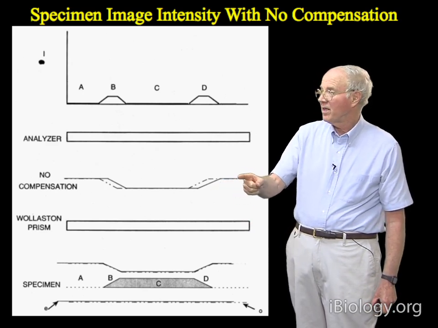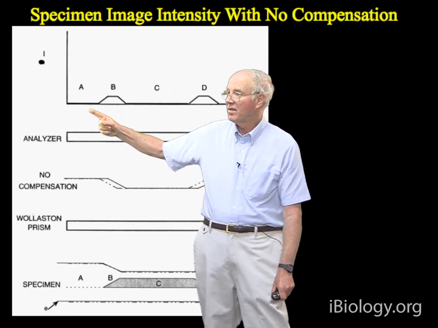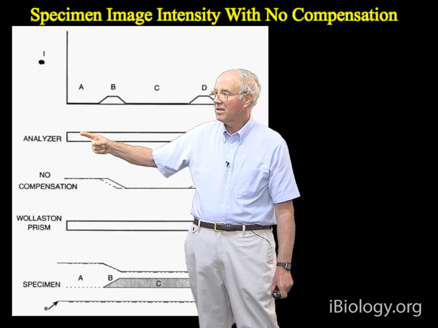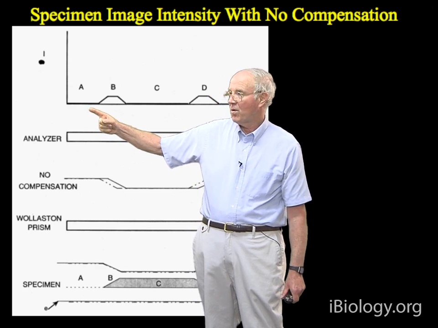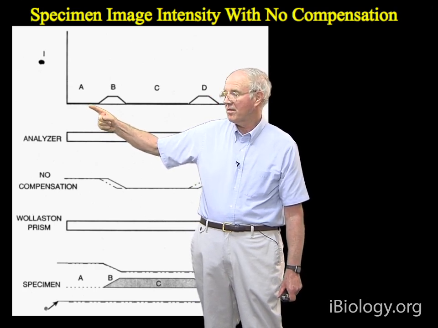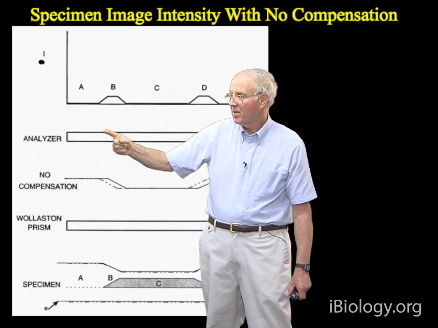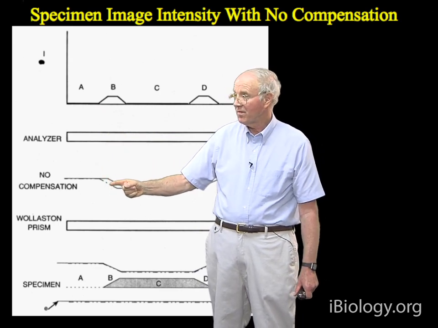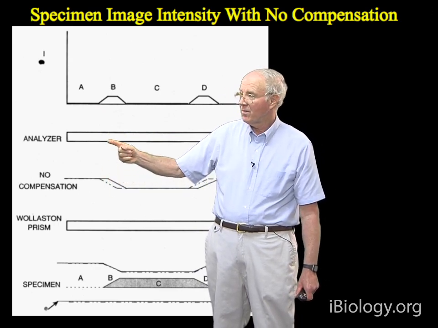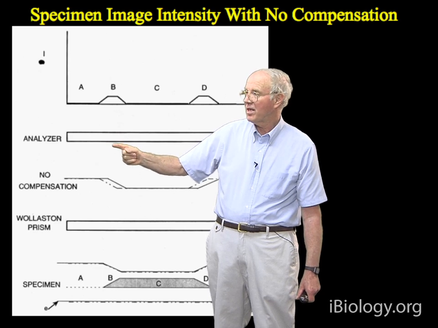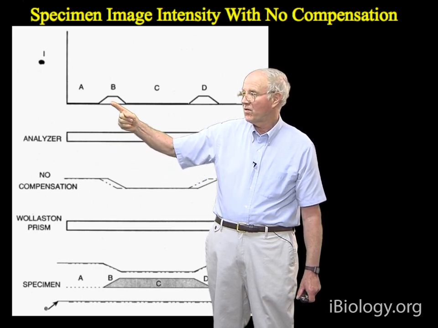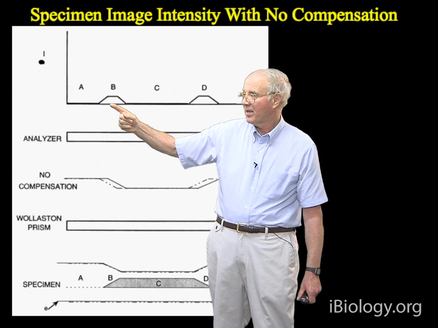So when we go to A, because there's no retardation difference, we get plane polarized light, which is canceled by the analyzer, and we get blackness. But at this edge, there is a retardation difference between the two waves, and so that retardation difference allows light to get through the analyzer, and we see a bump at B.